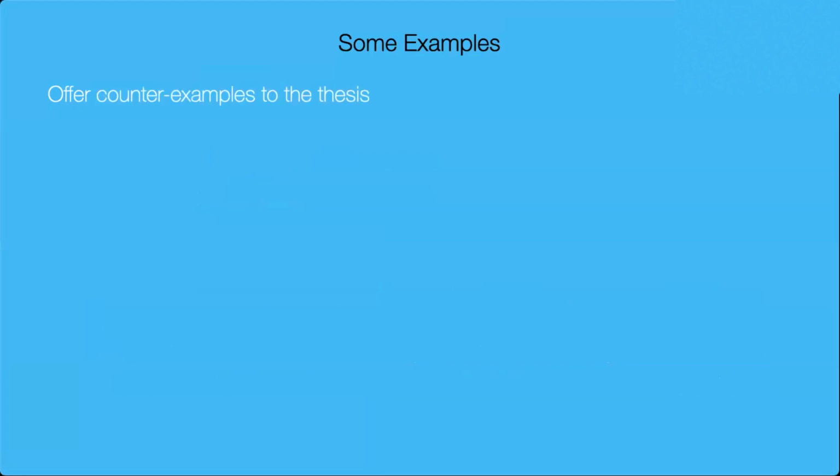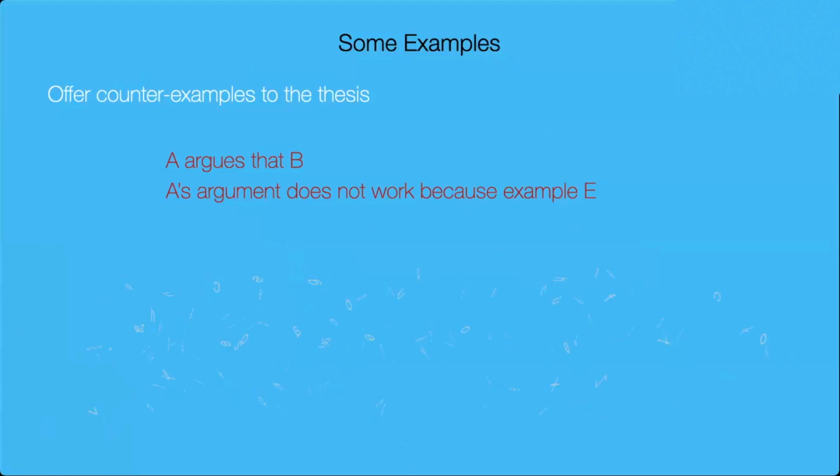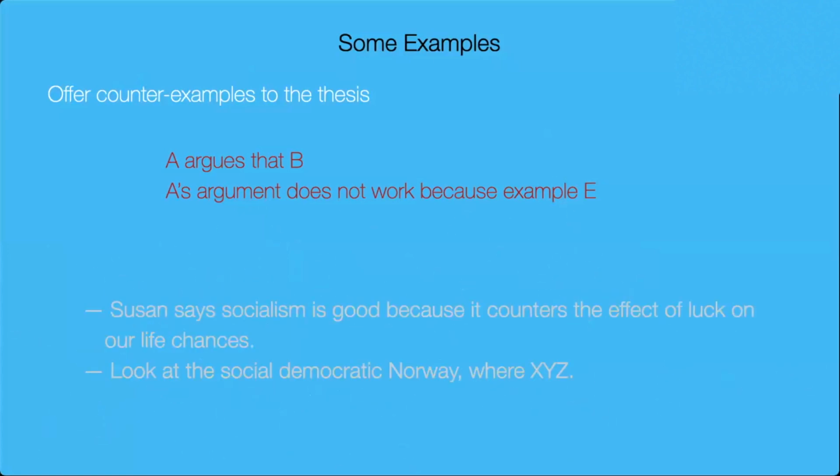The next one is that you can offer counterexamples to the thesis. So A argues that B, and then I can show that A's argument does not work because of example E. And here I can, again, stick with Susan, who says that socialism is good because it counters the effect of luck on our life chances.